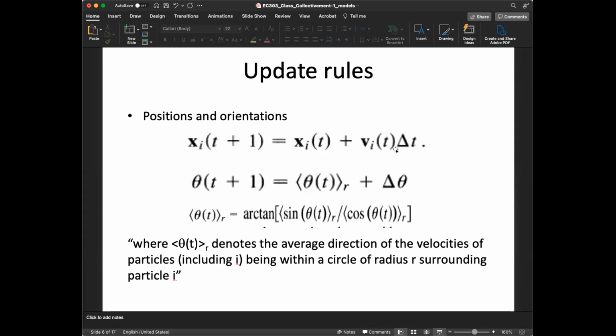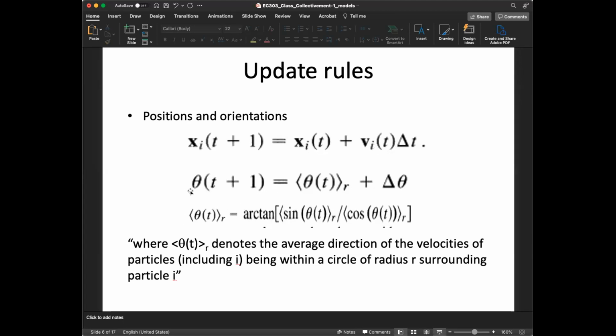Now here is the thing. What is this v_i? The speed is constant, some speed is given, but v_i also has a theta. What is the theta?